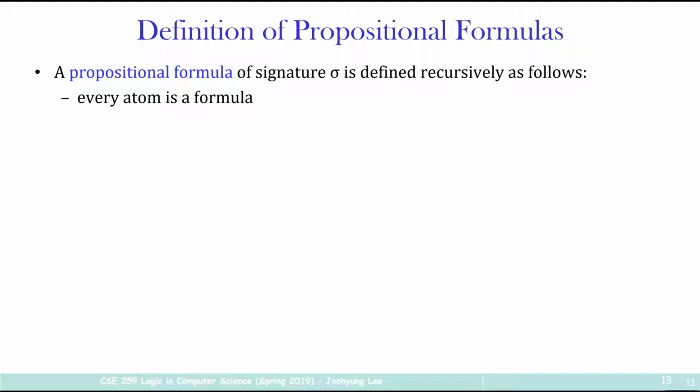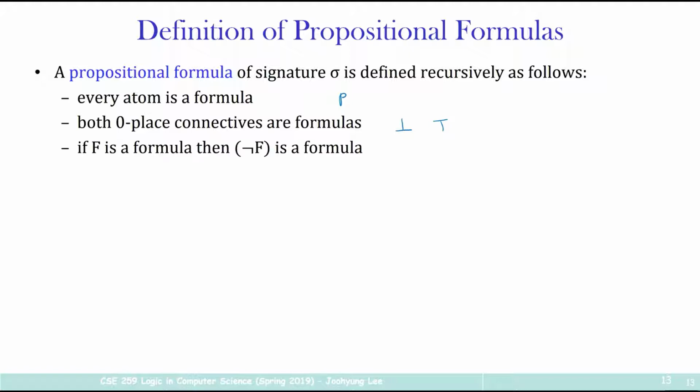So if your signature contains P, Q, R, you can just write P and claim that this is a formula. It's an atom, but it's also a formula. Both zero-place connectives are formulas. In the previous slide, there were two zero-place connectives, bottom and top. They are formulas too. So the first two cases are the base cases.